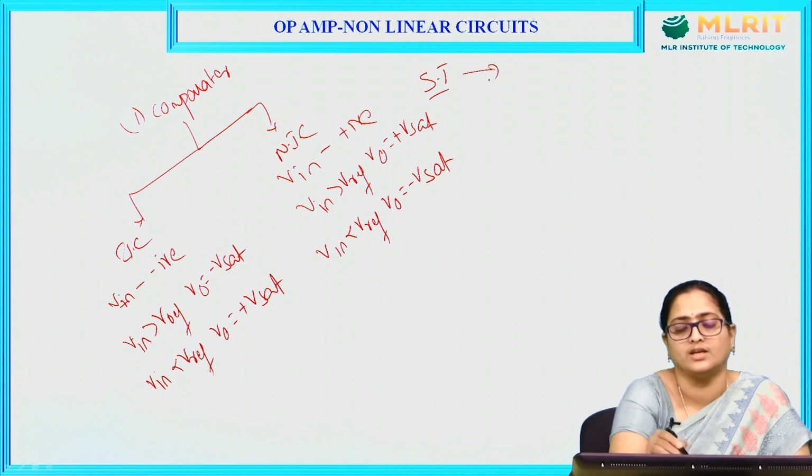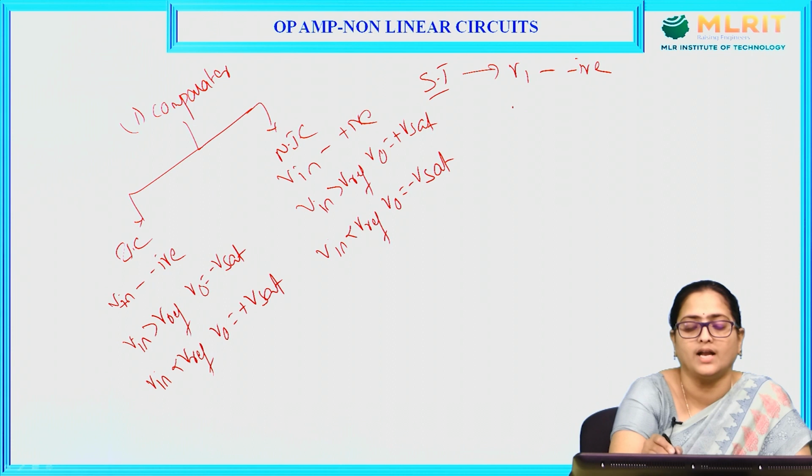Whereas in a Schmitt trigger, the input voltage is connected to the negative terminal and the resistive feedback is connected to the positive terminal.